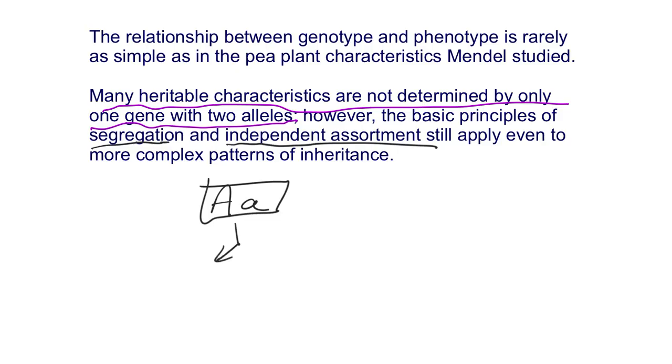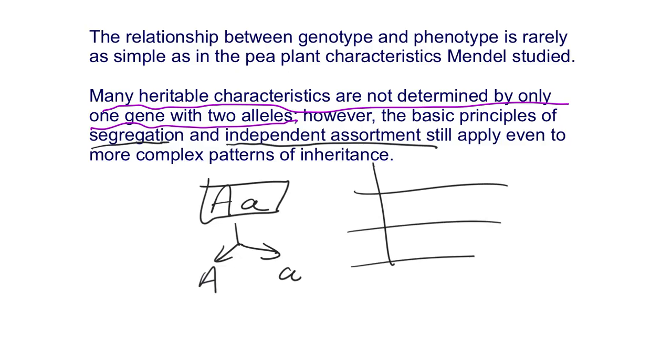So the principle of segregation: meiosis separates those alleles, one per gamete. 50% of your gametes will get big A, and 50% of them will get little a. And that's why when we do a Punnett square, we don't put A like that. We separate it.